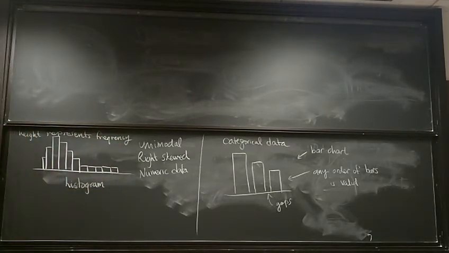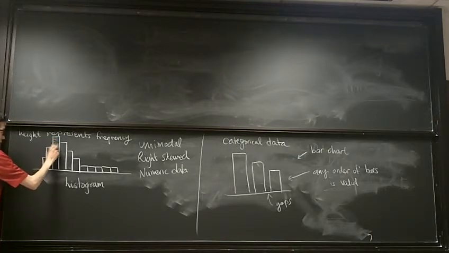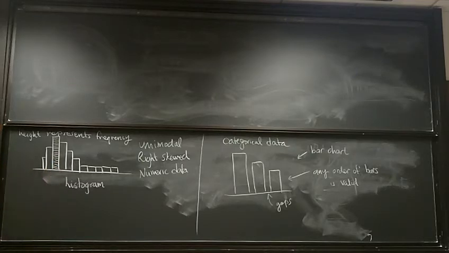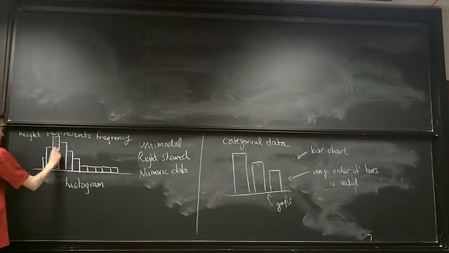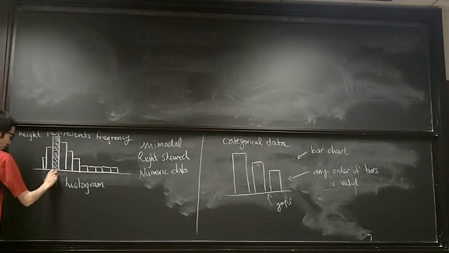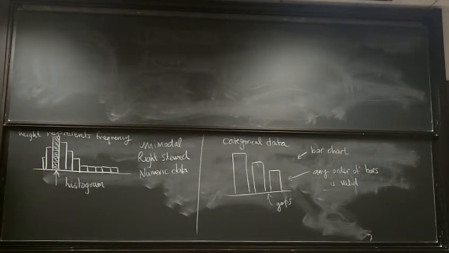So this bar is the most frequent what? Frequent occurrence, yeah. But what are we talking about here? If this is a numeric variable, yeah, the most frequent value. So whatever value we have here, this is the most frequent value.